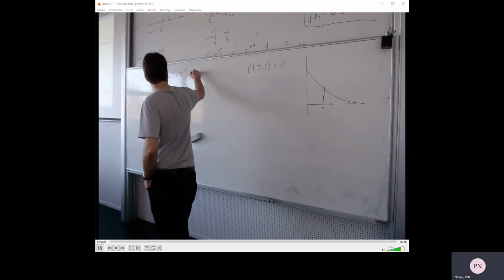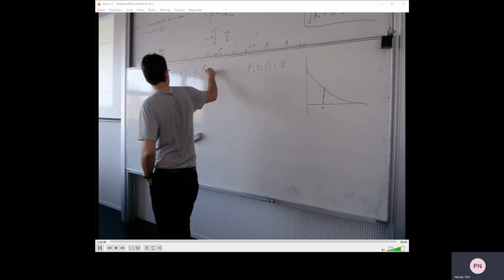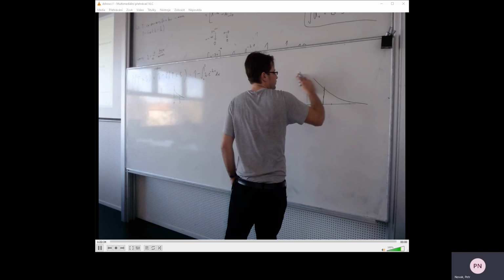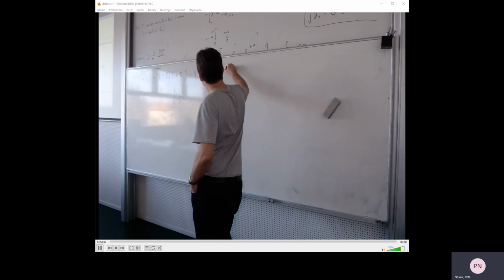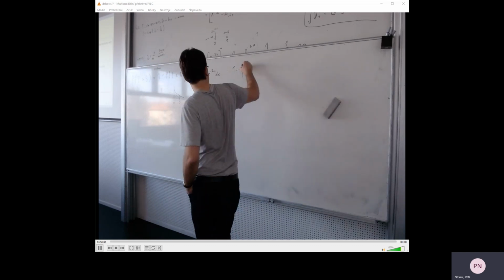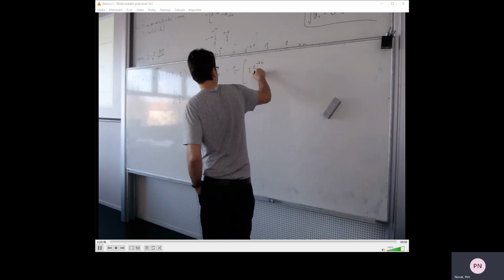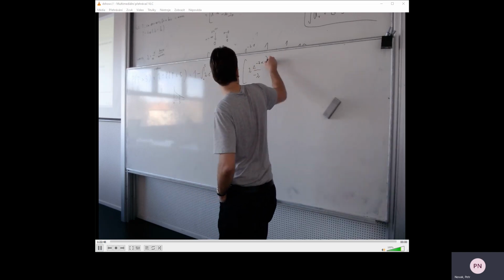Okay, so I'll get 1 minus the integral from 0 to 5 of the density, so lambda times e to the power of minus lambda x dx, which is 1 minus, going from 0 to 5, lambda e to the power of minus lambda x over minus lambda.